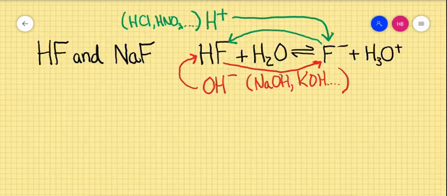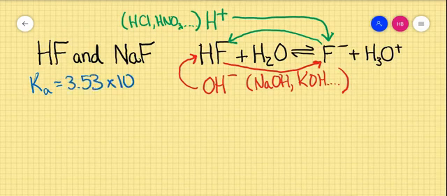Now, each buffer system is different in that they protect against different pH ranges. So what is the pH range? Well, first thing we have to do is look up the Ka. The Ka for hydrofluoric acid is 3.53 times 10 to the minus 4. So in order to understand the range at which this will protect, we have to calculate the pKa, which is the negative log of the Ka.